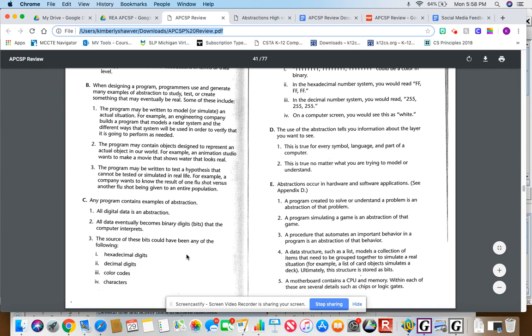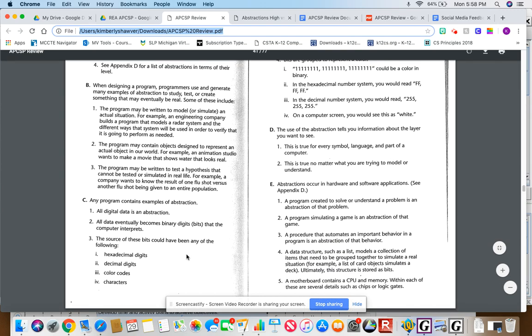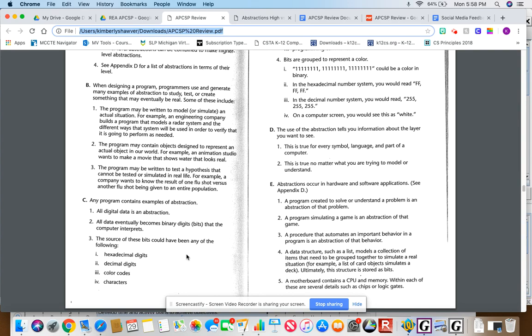When designing a program, programmers use and generate many examples of abstraction to study, test, or create something that may eventually be real. Some of these include the fact that we may write a program to simulate a situation. Because we're simulating something, that makes it an abstraction.